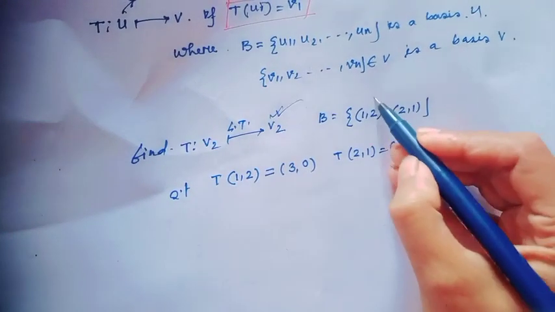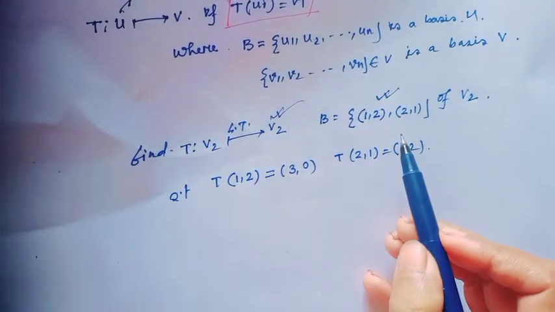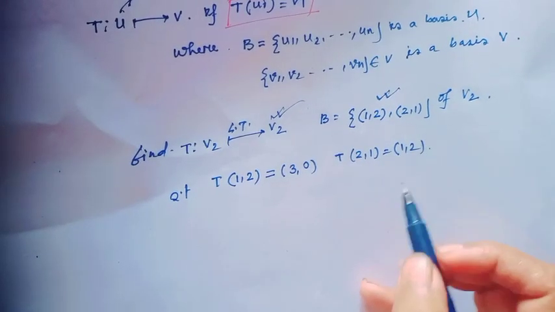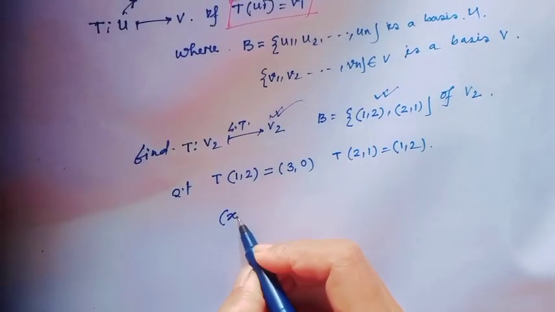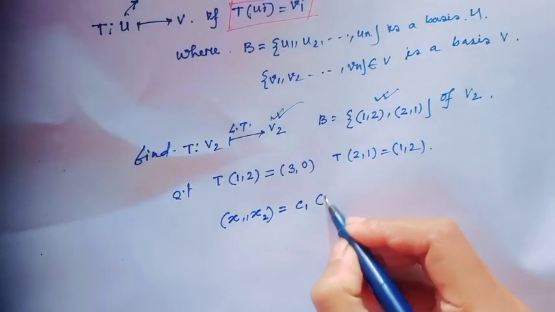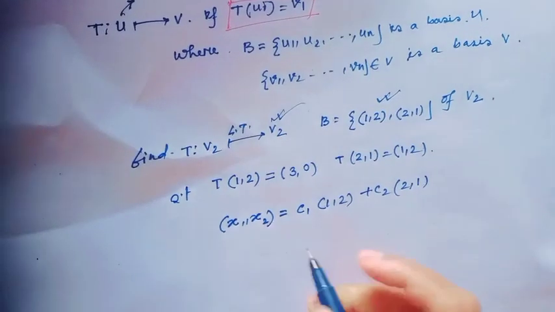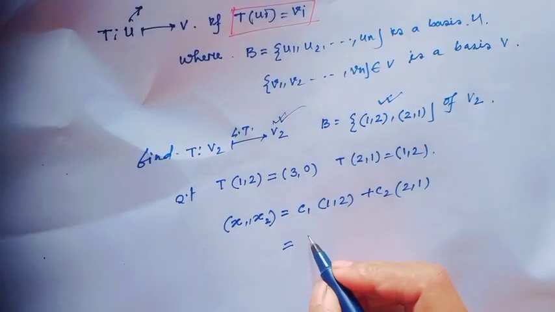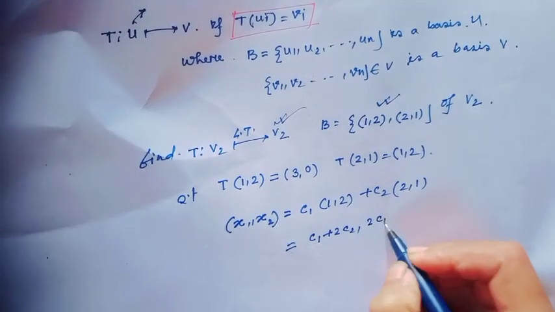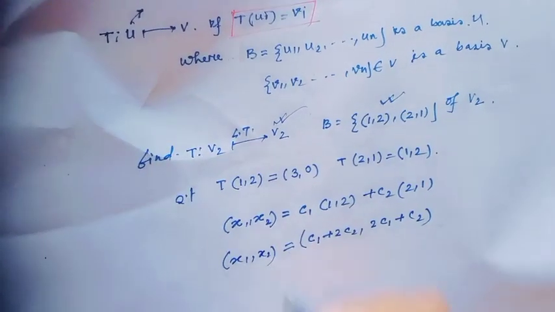Since this is a basis of the vector space V2, it is a linearly independent set and spans the whole vector space V2. That means any arbitrary point of V2 we can write as c1 times (1,2) plus c2 times (2,1). This is (c1 plus 2c2, 2c1 plus c2), which equals (x1, x2).